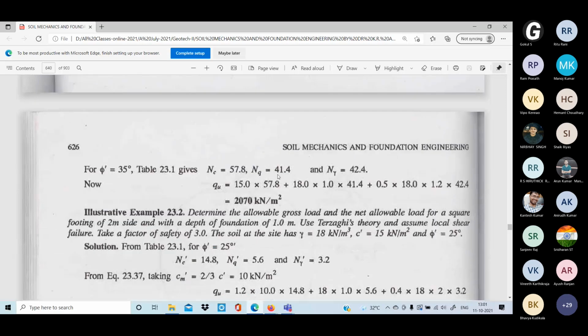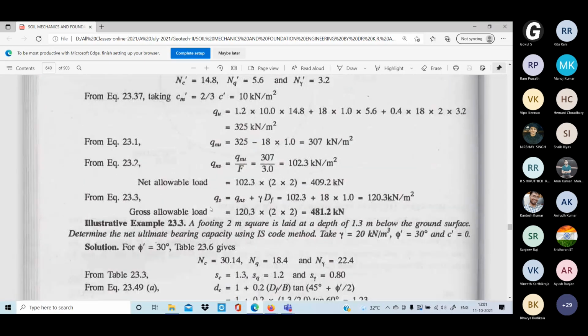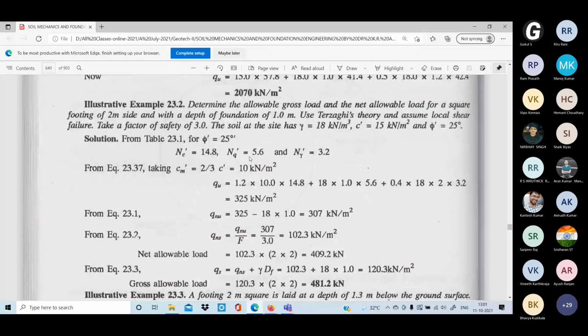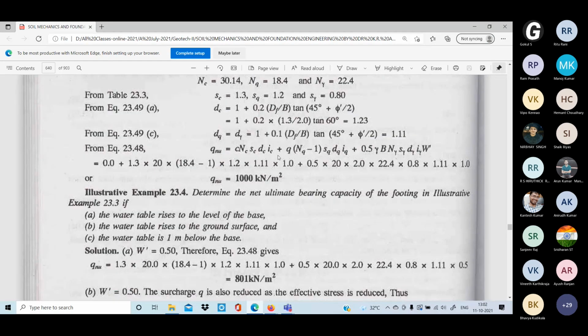So how to find the ultimate bearing capacity, the gross, the net ultimate, and so on. If parameters are given, from the table we can find Nc, Nq, and gamma. And if it is general shear failure, we use the normal equation. If it is local shear failure, we have to use the mobilized values. This anyway we have seen.